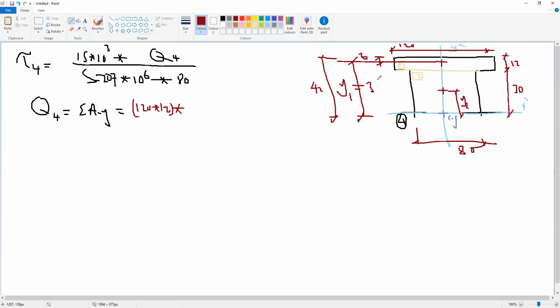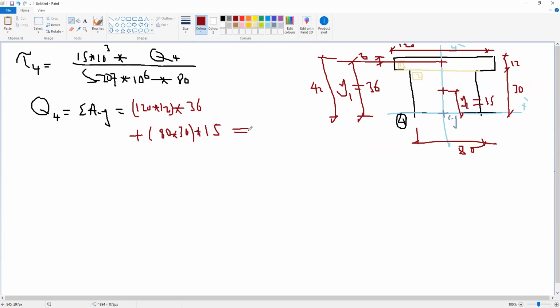So Y1 is 36, plus area 2. Area 2 will be 80, the width, multiplied by the height, which is 30, multiplied by Y2. What is Y2? If this is 30, Y2 should be 15 millimeter. So we can now find Q4.